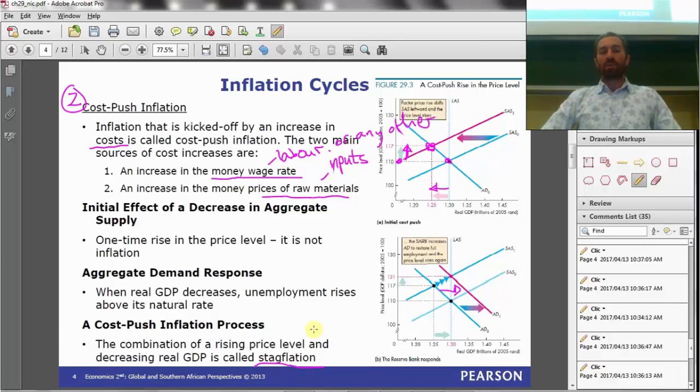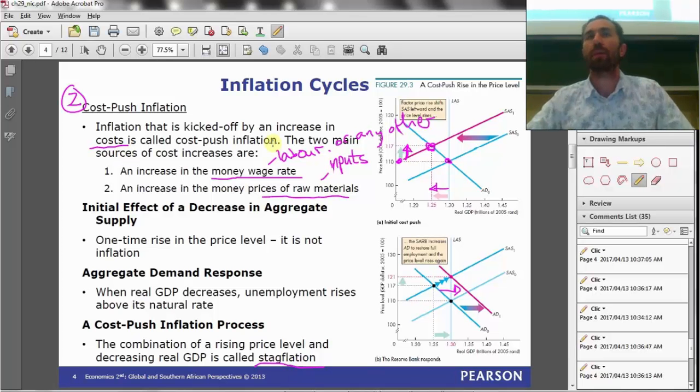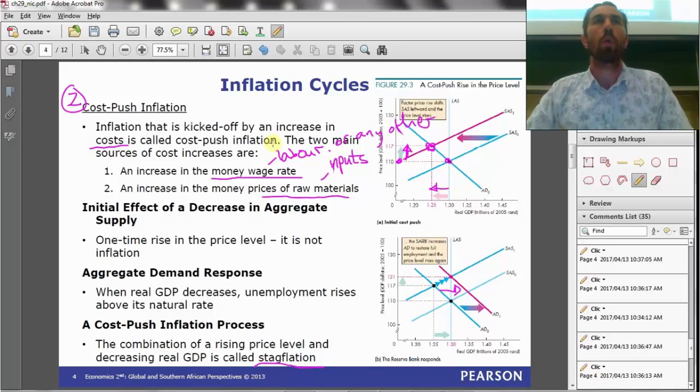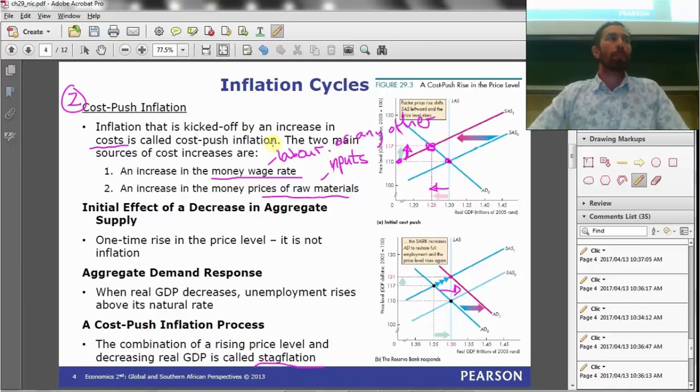What are the sorts of things that can arise? What generates a stagflation process? Well, an increase in the costs of production. Think about the South African context. What could prompt an increase in the costs of production? Say your input costs, like the cost of oil, increase.